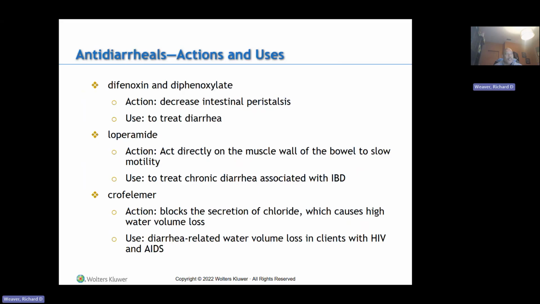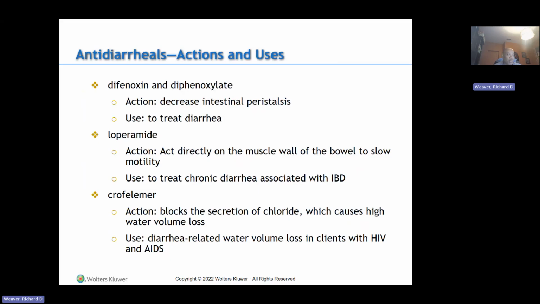All right, because what happens is whenever chloride is secreted in the bowels, where that fecal material is located, it can actually cause more fluids to be drawn into the large intestine, which will, of course, result in diarrhea.